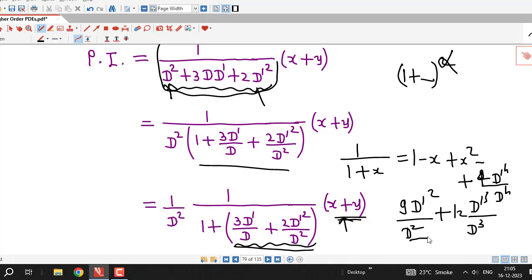So in each term I have more than one power of D dash. Here I have D dash square, here D dash cube and D dash to the power 4. And here we can see that if we operate D dash on this, we obtain 1. So D dash square operated on this will make it 0. Same thing for D dash cube and D dash to the power 4.